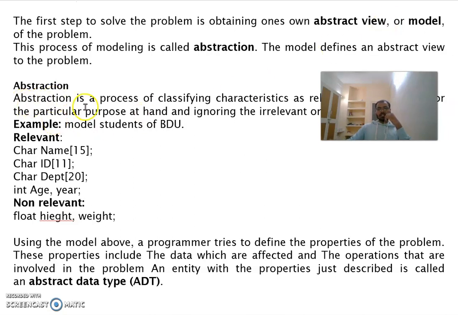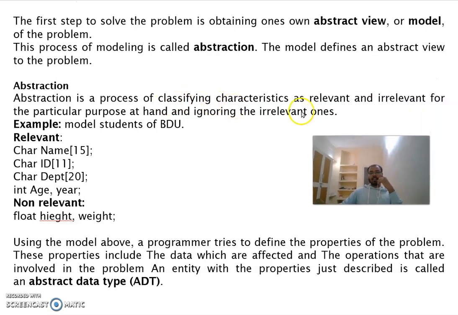What is abstraction? It is a process of classifying characteristics as relevant and irrelevant for a particular purpose, and ignoring the irrelevant ones. There is no need to write the irrelevant ones, but our abstraction should have the relevant characteristics.